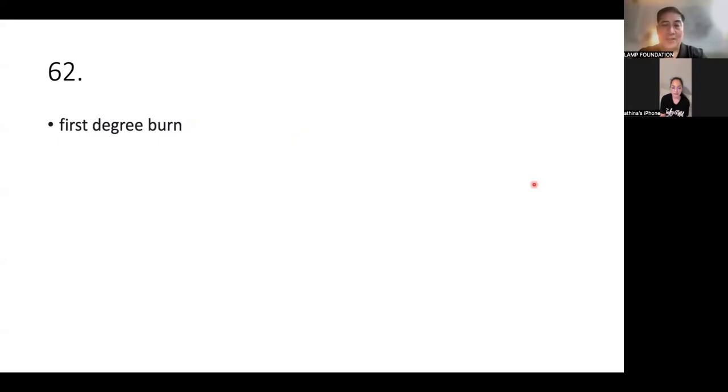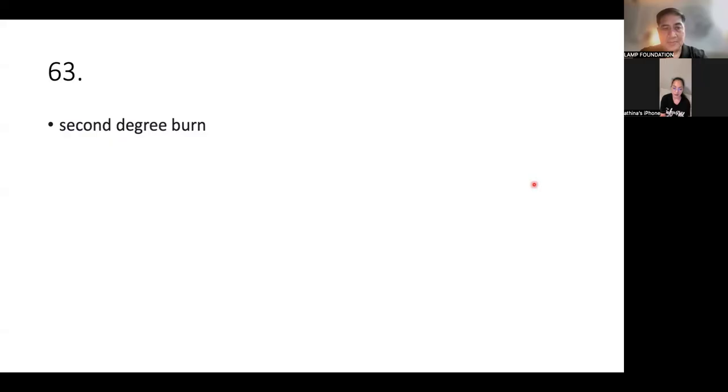Okay, let's go to burns. This is also important. So we have first, second, and third degree. What is a first degree burn? First degree burns are superficial burns through the epidermis. Only the epidermis is involved. What about second degree burn?